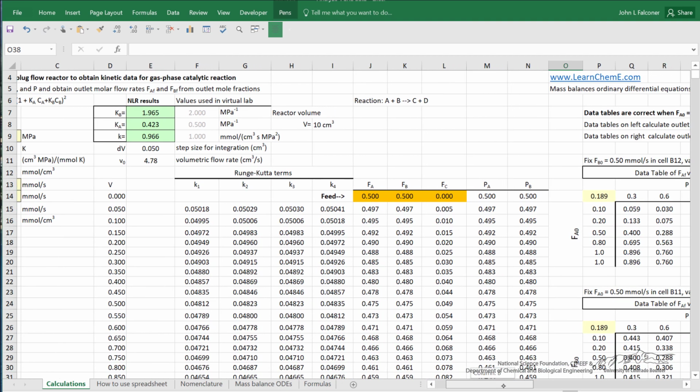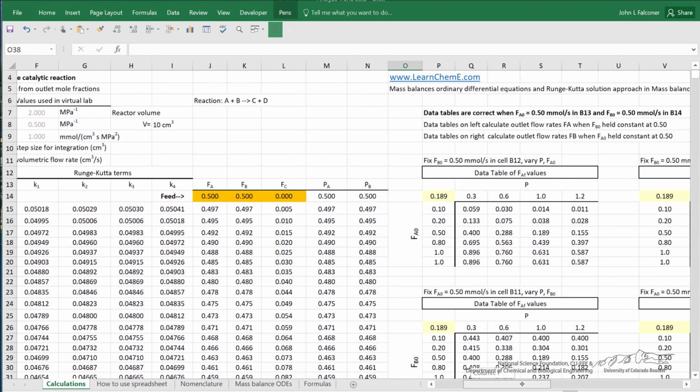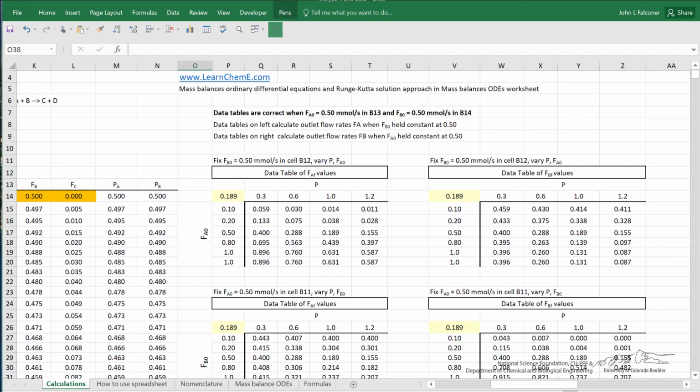So the way we do this repeated integration is to use data tables. And the way data tables work is we create, in this case, let's look at just this one data table. We have a number of different values for the molar flow rate of A into the reactor and the pressure. And the way the data table works, and there are spreadsheets that explain data tables in detail, it will input into those feed conditions the molar flow rate of 0.1 for A, and molar flow rate of B is kept constant 0.5, and for pressure 0.3, it will solve the differential equations and then calculate what's the molar flow rate.